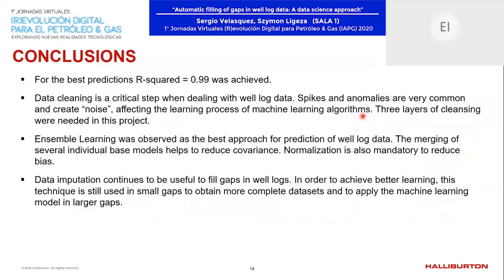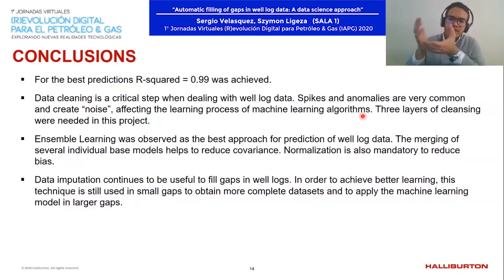Okay, the conclusion. For the best cases, we obtained predictions with R squared up to 99%. As I mentioned at the beginning of the presentation, data cleaning is the most critical step. In fact, once we created that three-step methodology for cleaning the data, everything was much easier.